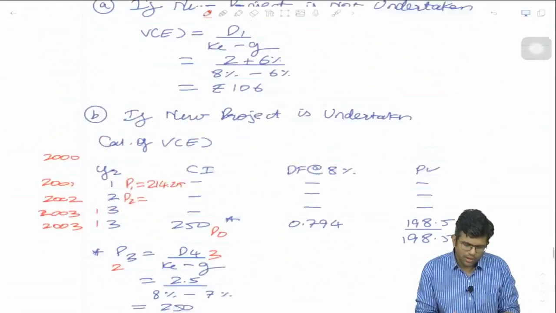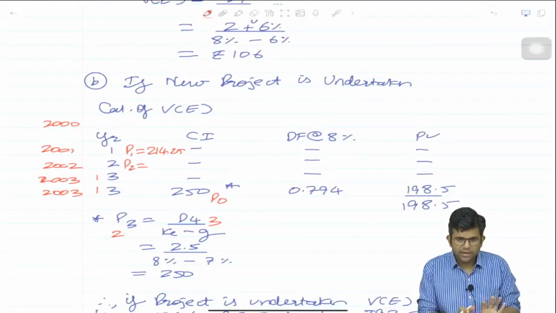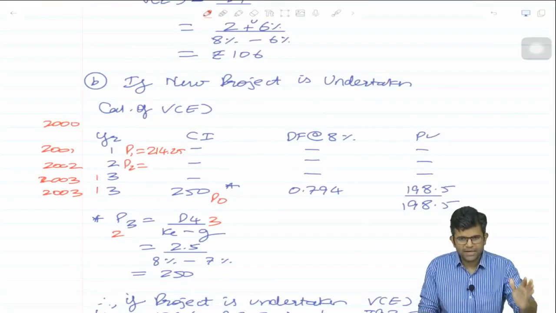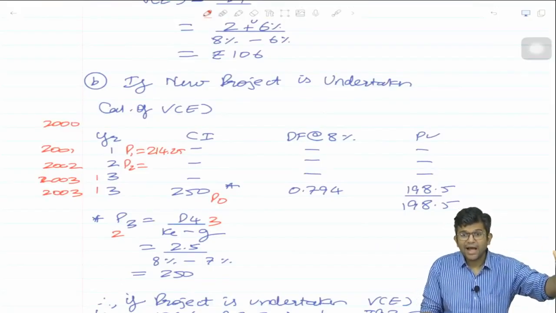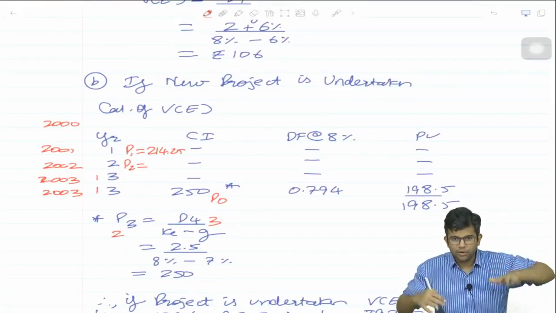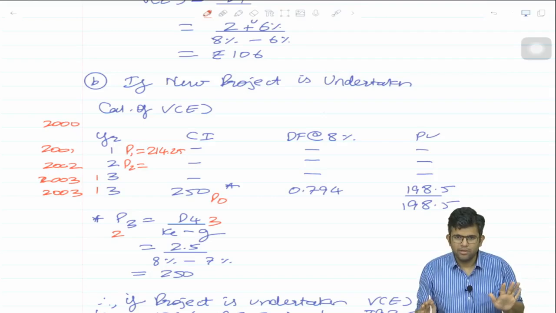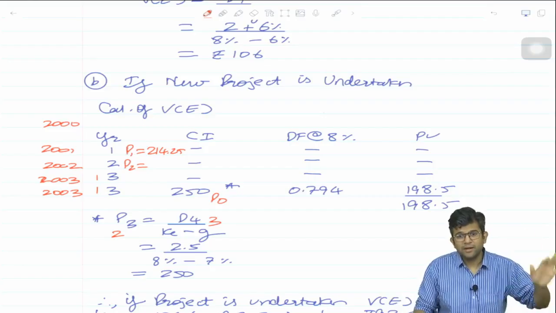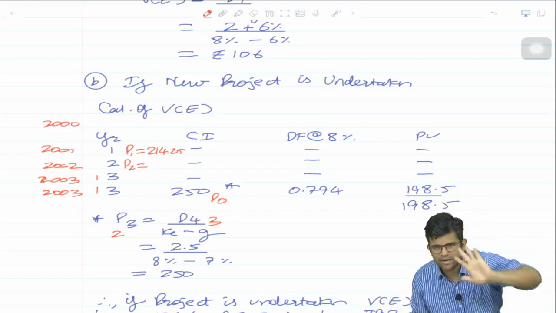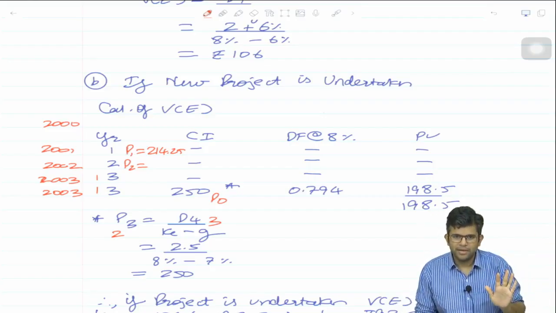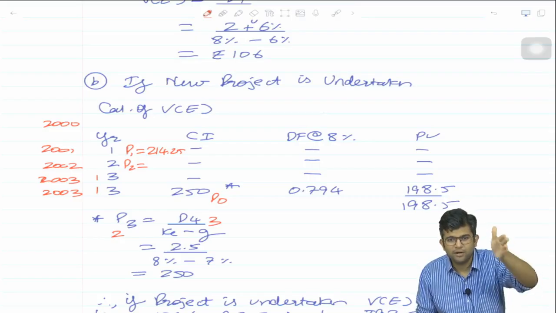So I hope you are clear in your minds. When I am talking P1, P2, P3, I am talking from year 0 point of view. From year 0 point of view. It is not P1 from end of year 1.